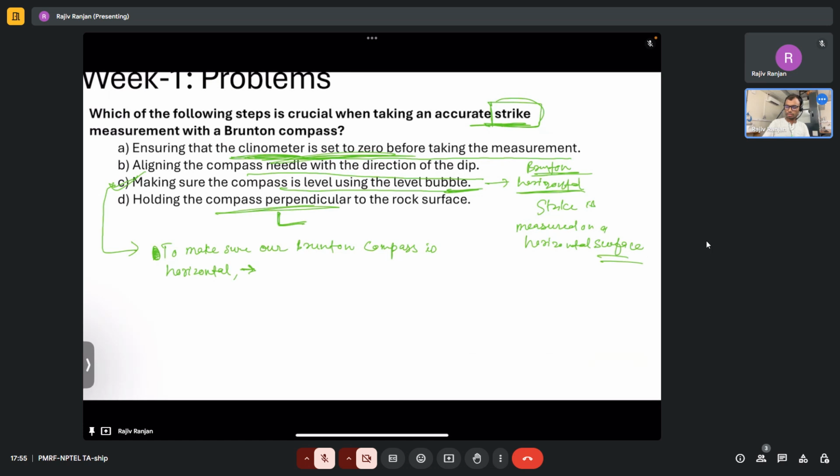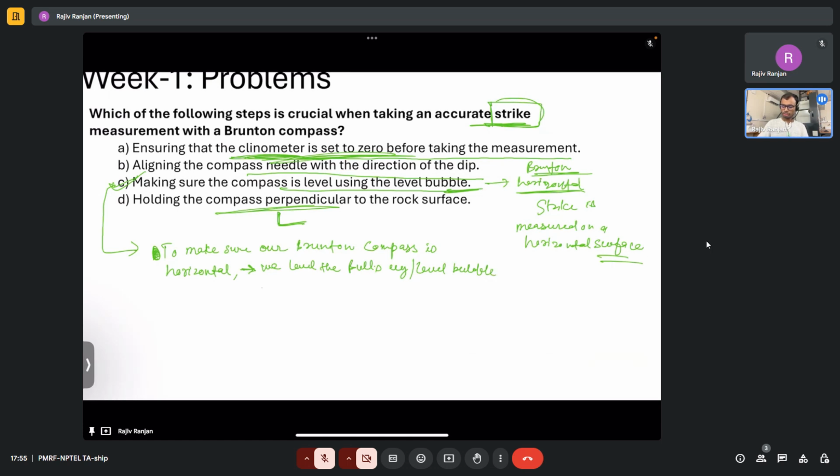we level the bullseye or level bubble. This is terminology that is used by some authors, some people.